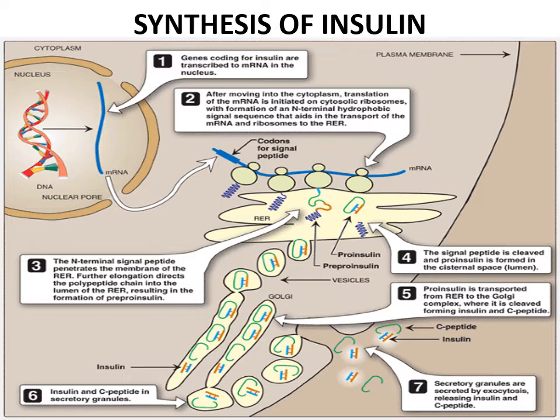Proinsulin is now transported from the rough endoplasmic reticulum to the Golgi complex, where it is cleaved, forming insulin and C-peptide, and both are packaged in single secretory granules.